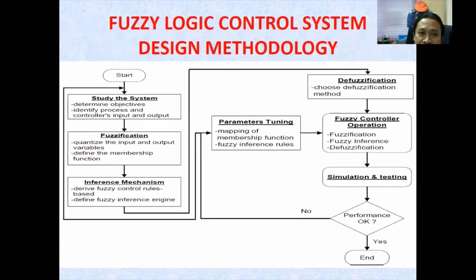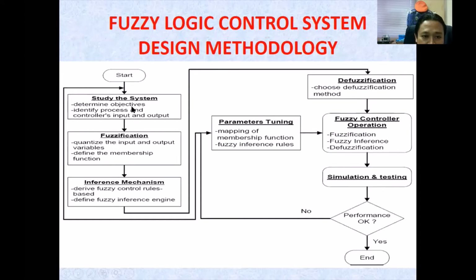All right, this is the fuzzy logic control system methodology. These are the steps for how we design our fuzzy logic controller, the flow chart. The first is to study the system and determine the objective, identify the process, controller input and output.